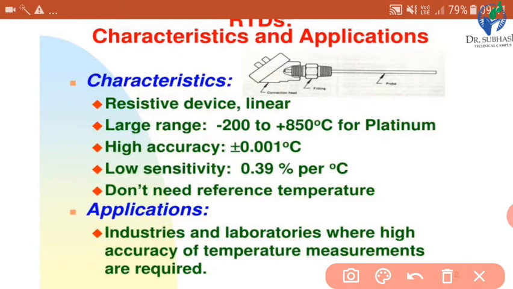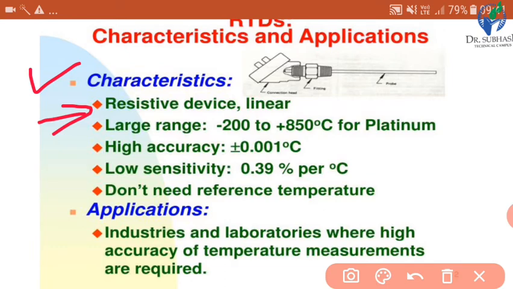Now, characteristics and applications of RTDs. What are the characteristics? First, it is a resistive device, and the relationship of resistance and temperature is linear. This is important for RTD.